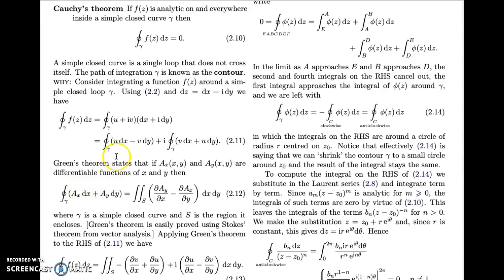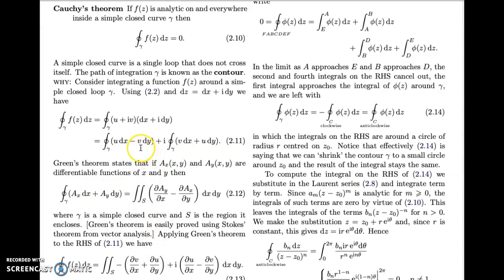So we end up with Ax is u and Ay is minus v. Okay, so that's going to give us, what happens to Ax? So we get du by dy, which is what we see here. We've got the minus sign.